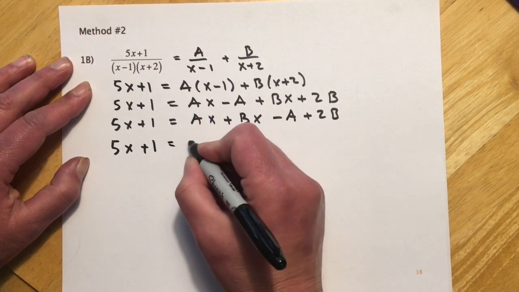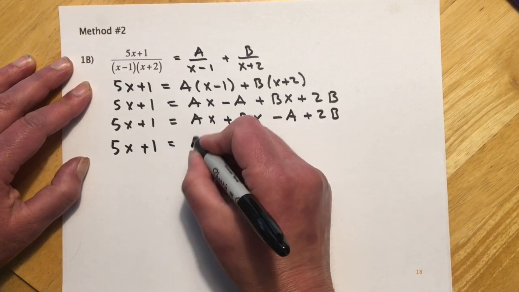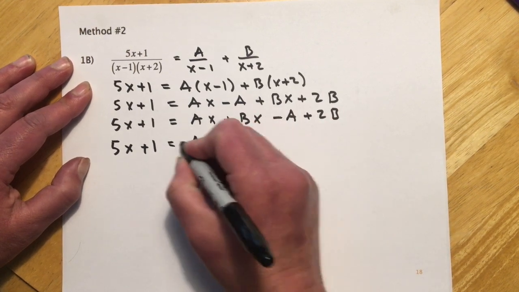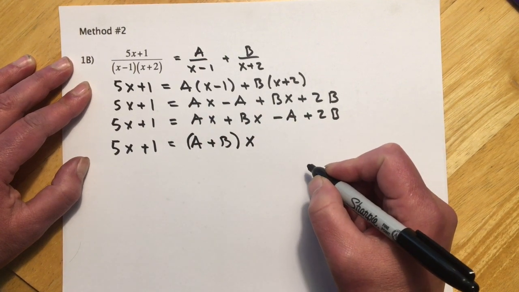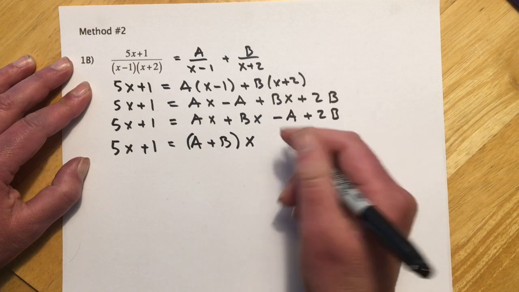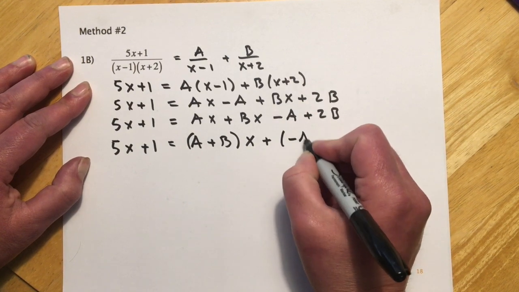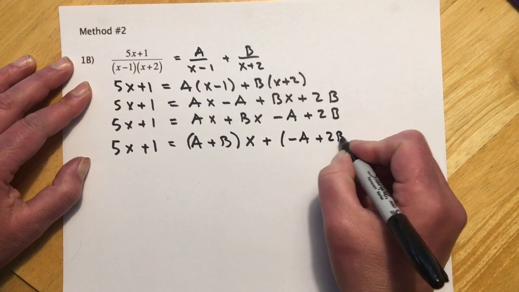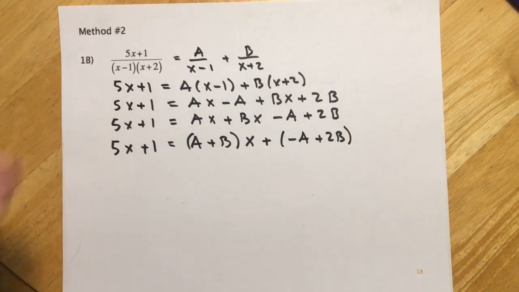So this is going to equal, I'm factoring the x, but I'm going to write it as a plus b times x, so I'm writing the x second. And then this is going to be plus minus a plus 2b.